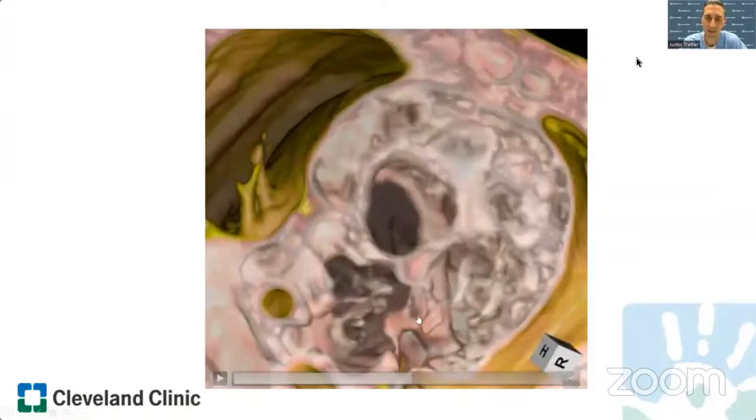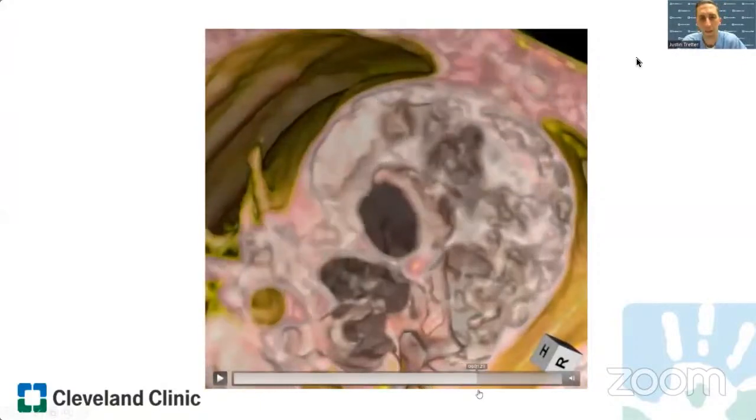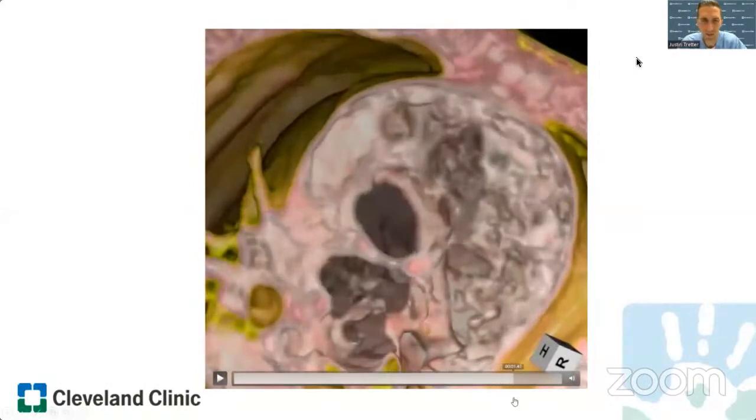So this defines it as being tetralogy of Fallot, as opposed to double outlet right ventricle, where it would be over 50% committed to the right ventricle. And if we dissect down into the plane of the interventricular communication, we can again see the outlet septum, which is anteriorly deviated.